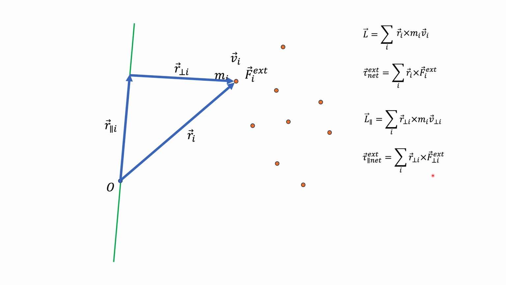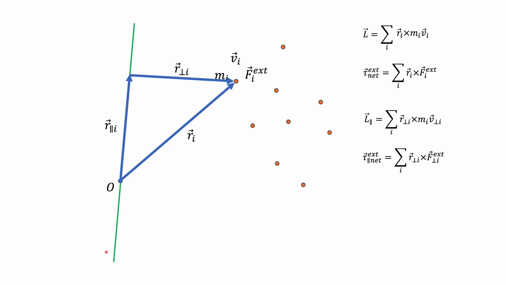But what's interesting, if you do this work, you will find out that angular momentum and torque with respect to an axis are simply the components of this angular momentum and this torque parallel to the axis.